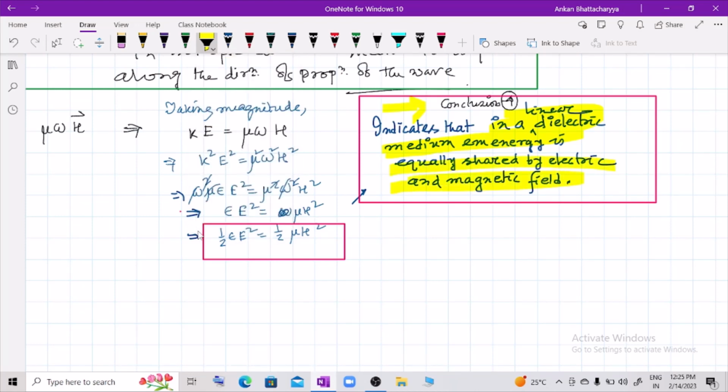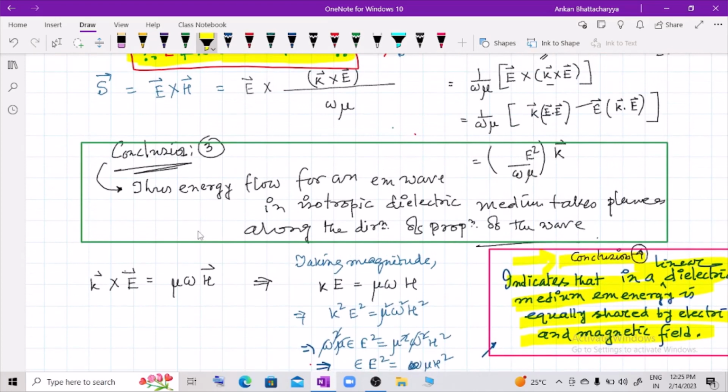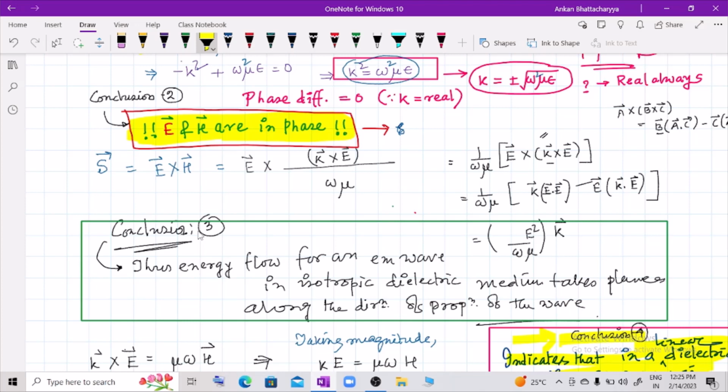This is a very important conclusion, conclusion number 4. Now we will see the case of the conducting medium, where we can also conclude some other features that are different from these conclusions.